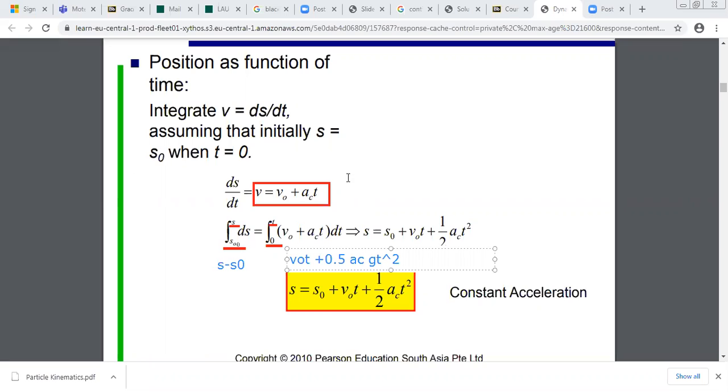And now, if you take s0 to the other side, you get the relation that for constant acceleration, s is equal to s0 plus v0 t plus half a t squared. Okay, so please remember always these equations are only applicable for constant acceleration.